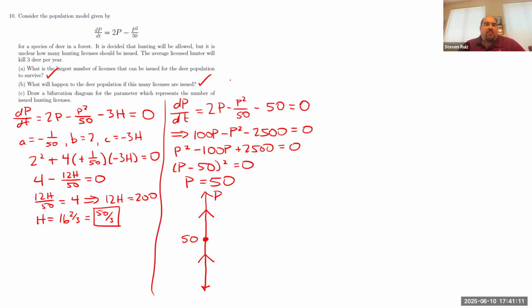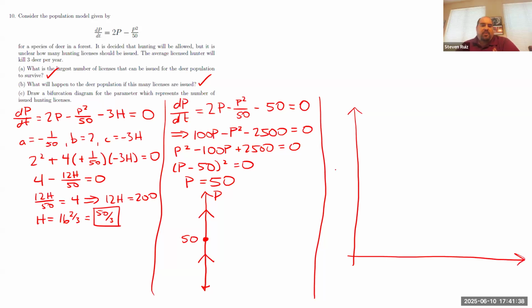Draw a bifurcation diagram for the parameter, which represents the number of issued hunting licenses. All right, so let's draw this bifurcation diagram. Let's just do 3 phase lines. We'll do one for the equilibrium condition, and then one on either side. Okay, so we said that our bifurcation value of H is going to be 50 over 3.